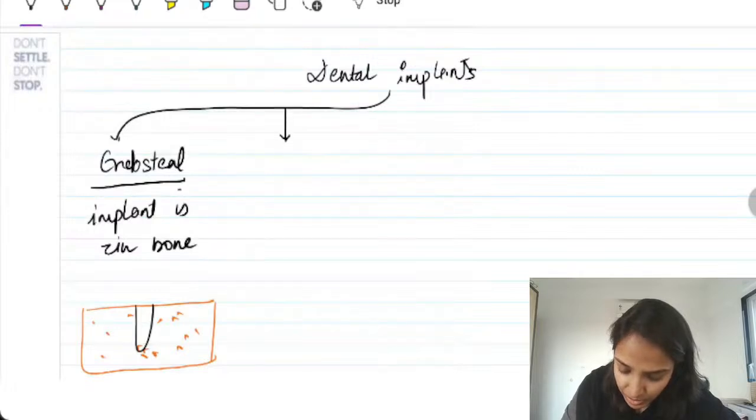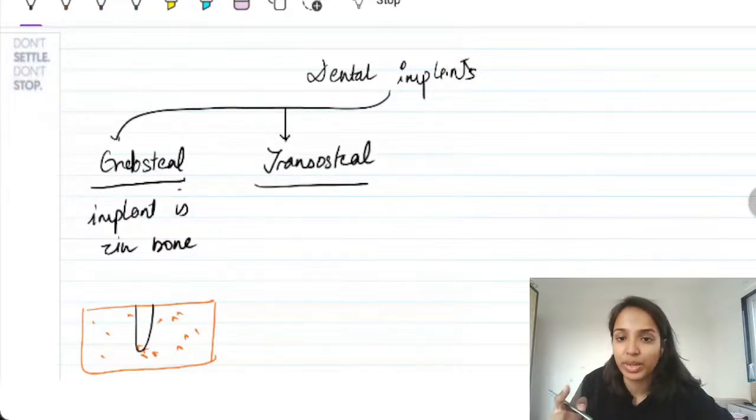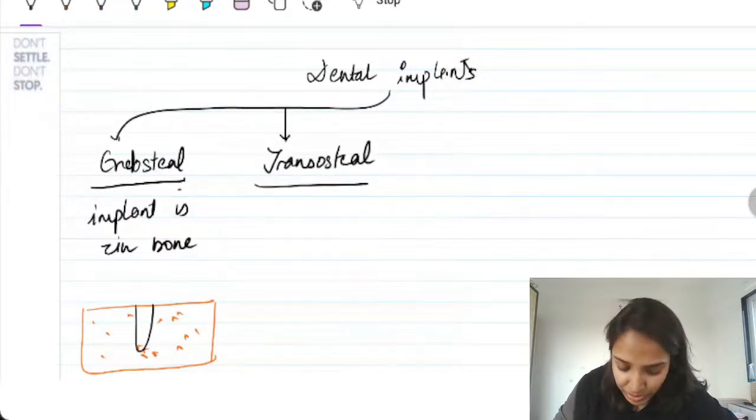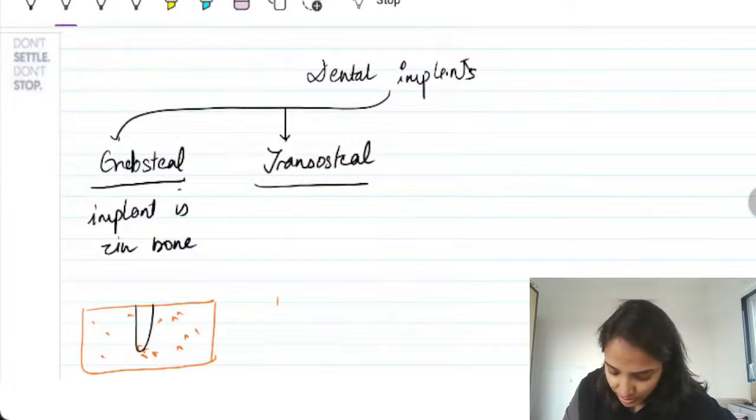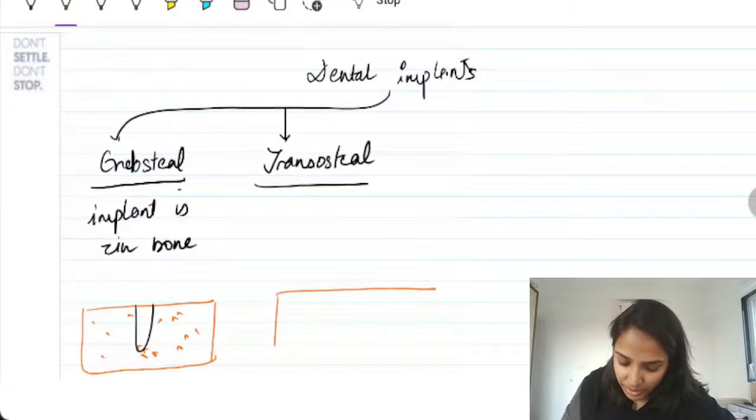Second is transosteal. Transosteal means through and through engagement, wide cortical engagement, if you want to say. So this is your bone, the implant would be engaging through and through like this. Fine.